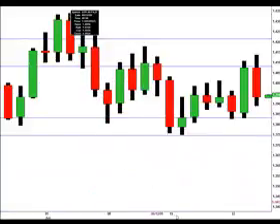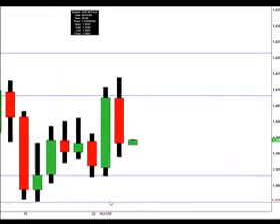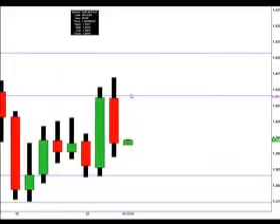Next, we've got euro against US dollar. If price rises, we're looking for price to go to the 14083 price, and if that price is broken, then the 14213 price. And if price falls, then we're looking for price support to come in at 13832, and if that price is broken, then the 13749 price.